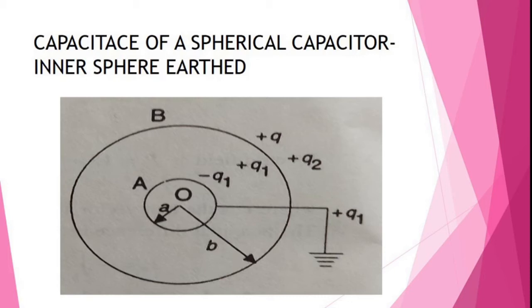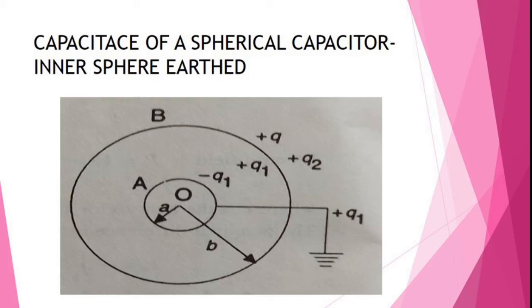So here we can consider the two spheres as behaving like two capacitors connected in parallel. The first one is the inner sphere of radius A and the inner surface of the outer sphere.